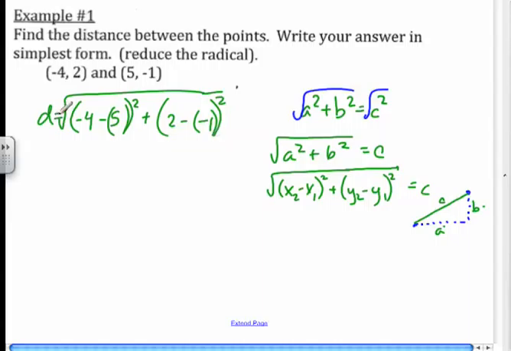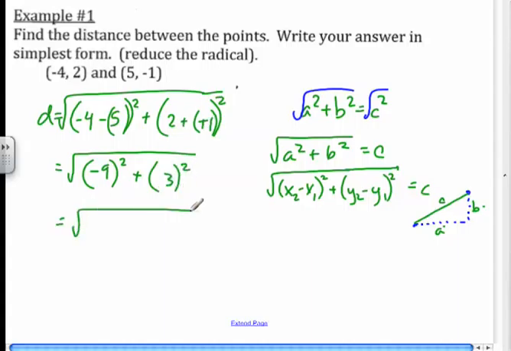So the distance is equal to the square root of (-4 minus 5) squared, which is -9 squared, plus 3 squared. Then I square the -9 and get 81 plus 9, so that's going to equal the square root of 90.